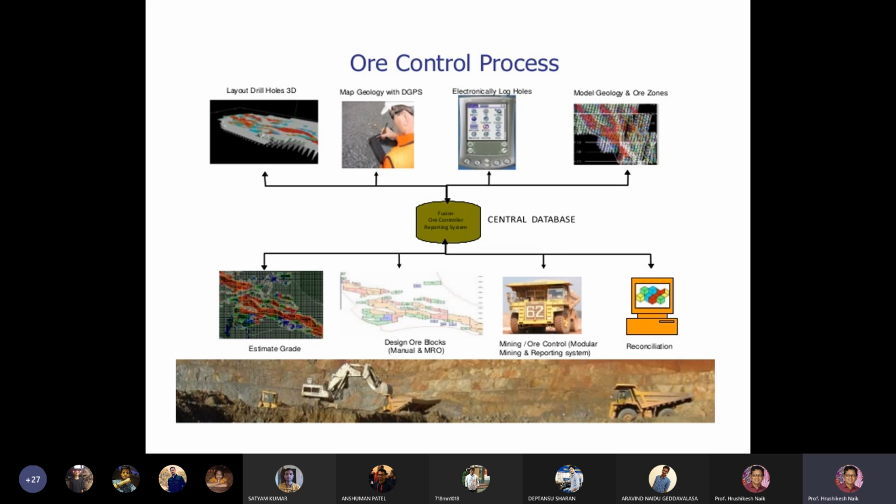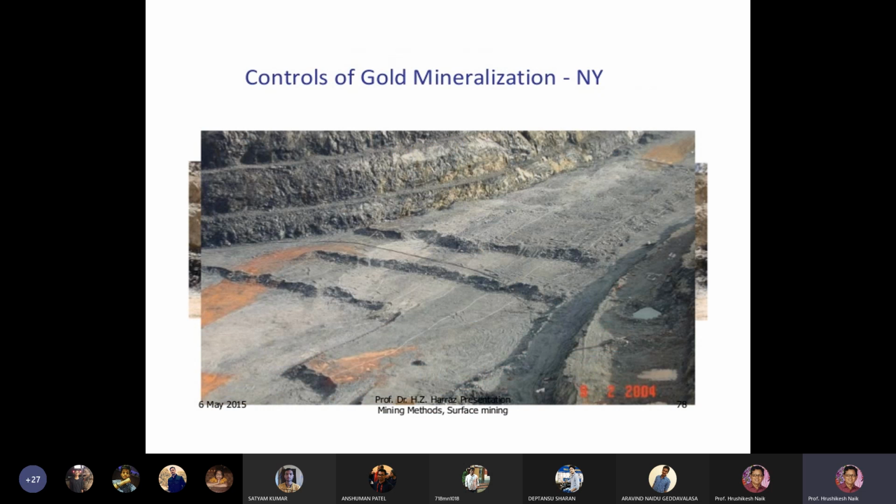This is the central database. This is the estimated grade. This is the design of ore blocks. This is the mining, ore control, modular mining, and reporting system. This is the reconciliation. This is the ore control process carried out in the mining environment.